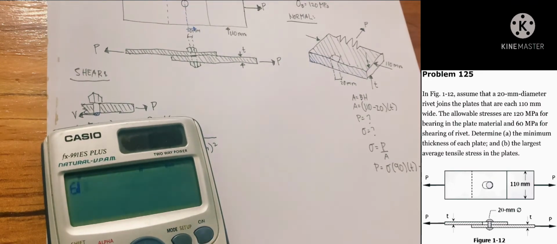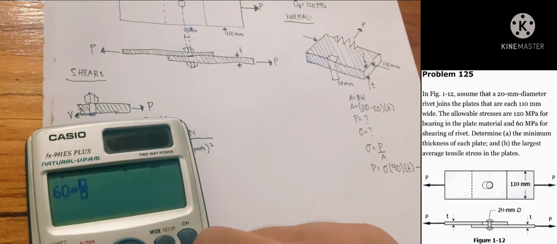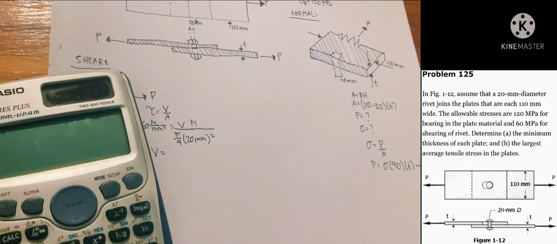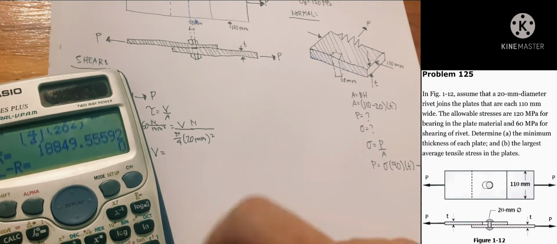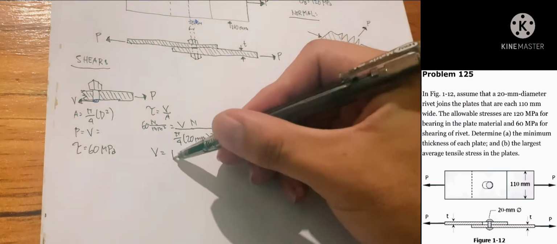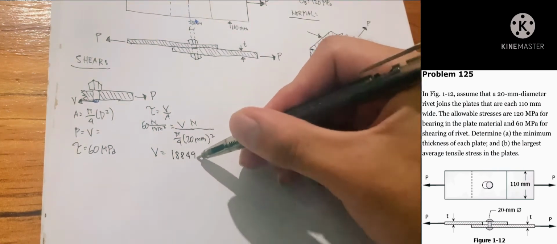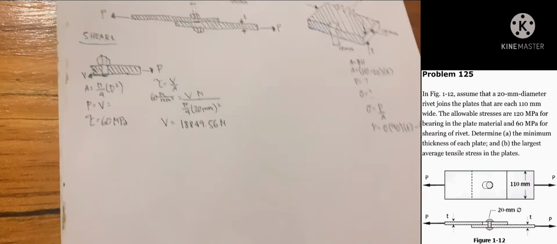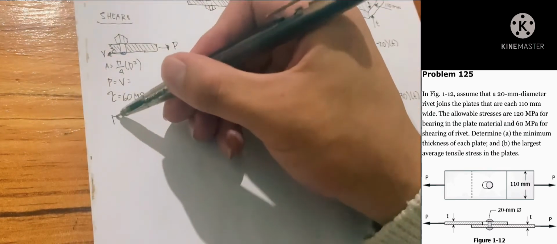Let's try to use our calculator. 60 equals x over the quantity pi over 4 multiplied by 20 squared. So solving for x, it is 18,849.56 newtons. We already know that.